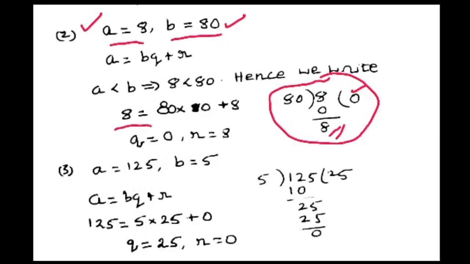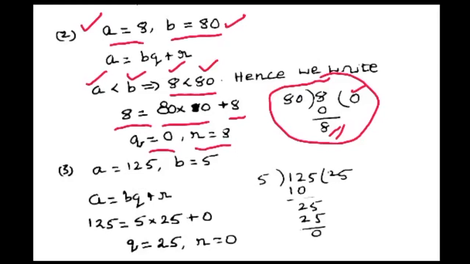Therefore, 8 can be written as 80 multiplied by 0 plus 8. Hence, quotient is 0 and the remainder is 8. Why? Because the dividend A is less than divisor B. 8 is less than 80 and 8 is the dividend, 80 is the divisor. We should not change the order of this one. It is given in the textbook that A is the dividend and B is the divisor.